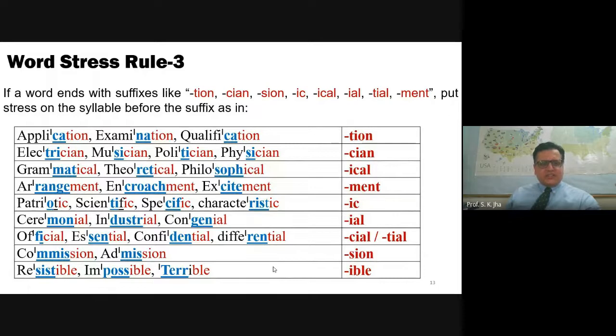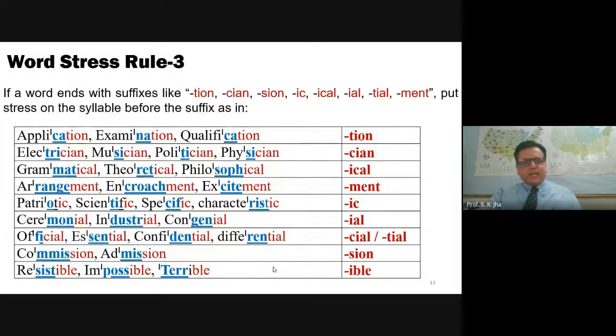Ial: ceremonial, industrial, congenial, official, essential, confidential, differential. Sion: commission, admission. Ible: resistible, impossible, terrible. So I used stress on the syllable that comes immediately before these suffixes. I hope it's clear to you. Otherwise, I'll take your questions maybe in the last 10 minutes.